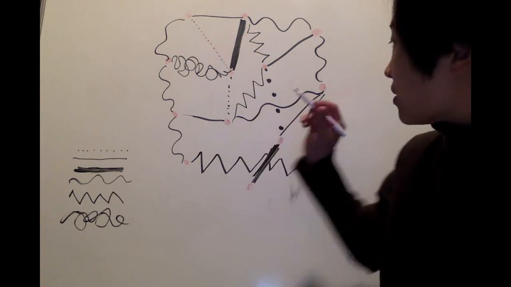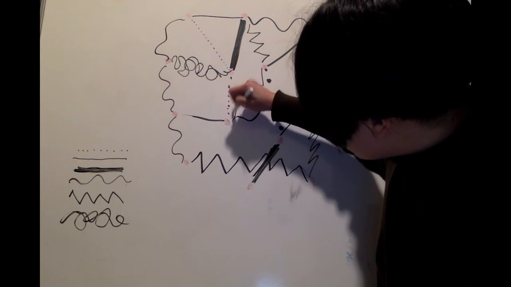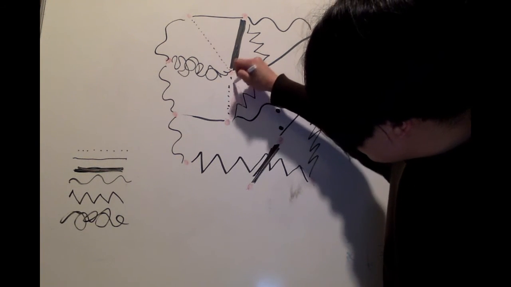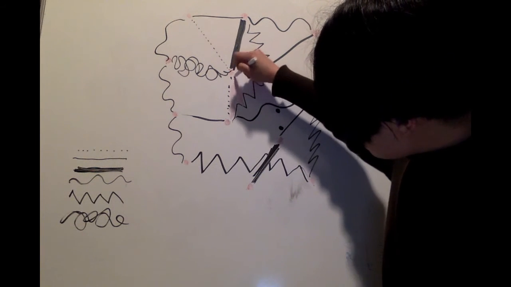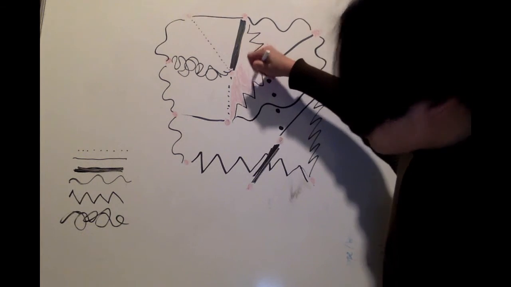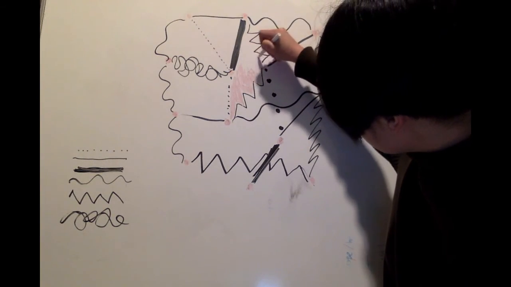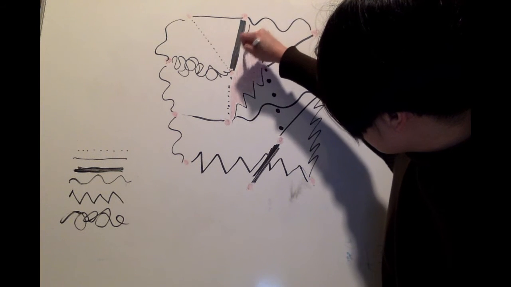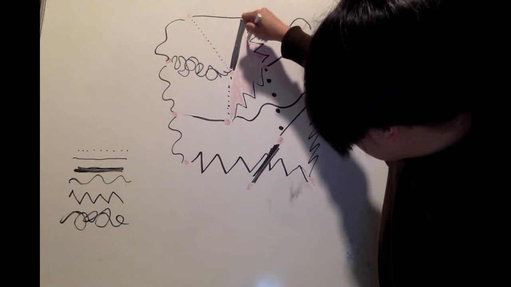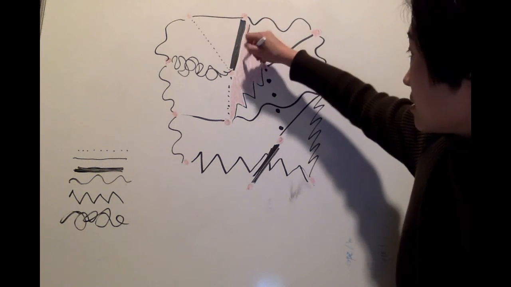So I have a red color, so I want to use red to color this part. I'm sorry, but my marker is running out. Can you see? Okay.